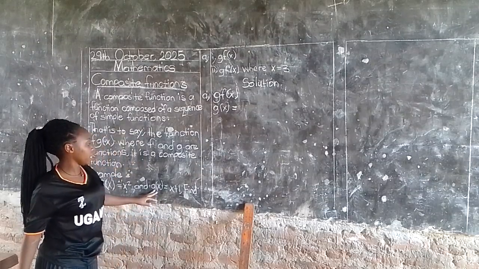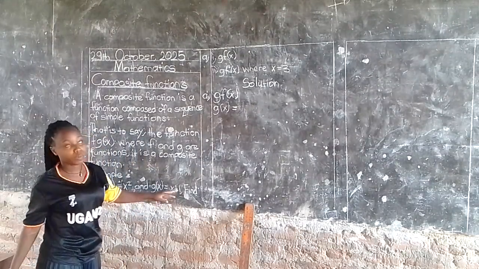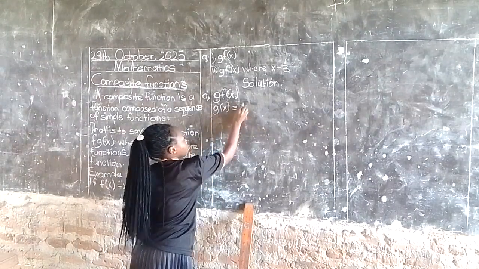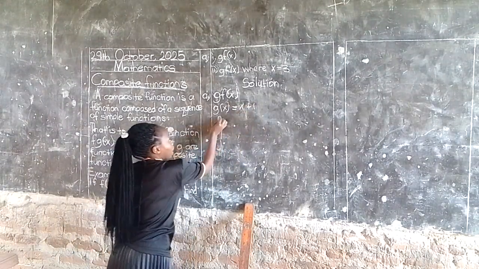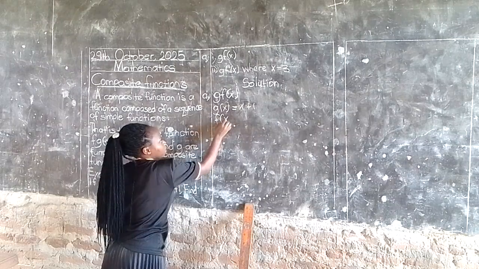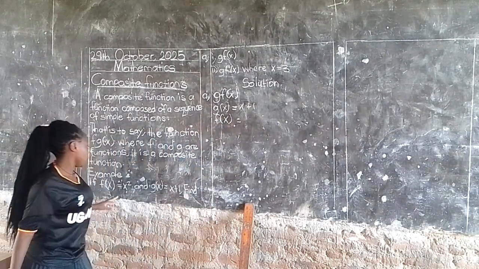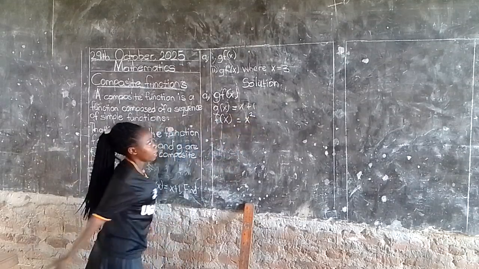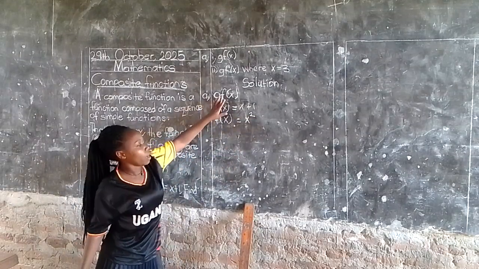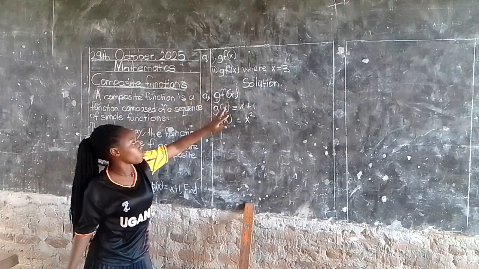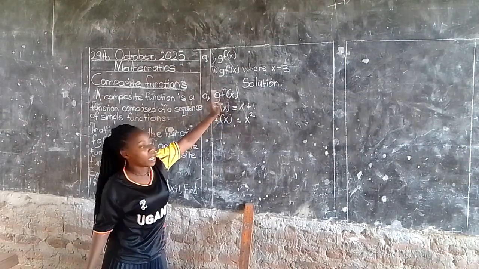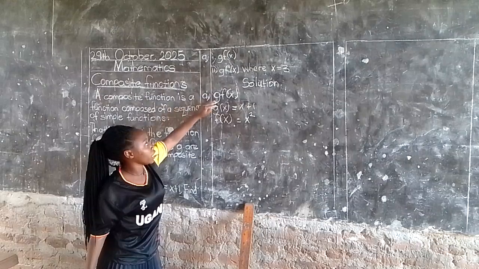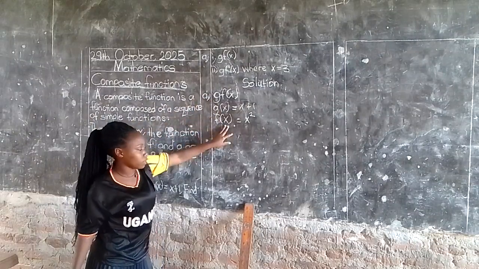They told us that g of x equals x plus 1. And our f of x, they said it is x squared. Remember, we have g of f of x, so we are going to get f of x and substitute it in g of x.